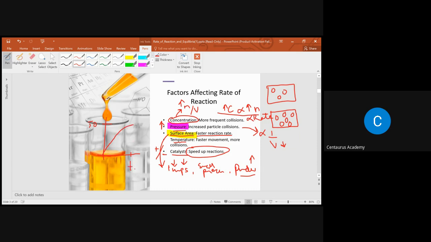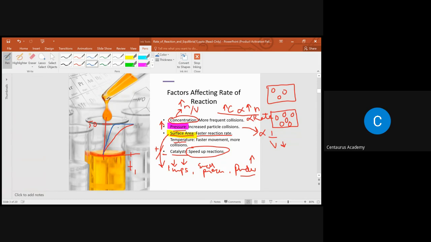But if I add a catalyst to this particular reaction, the rate of the reaction changes. The graph is going to look steeper, and the same amount of product will be achieved in less time.